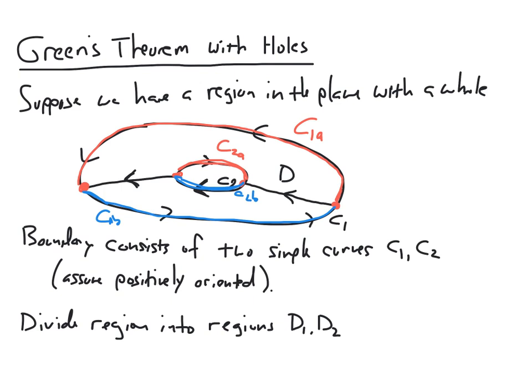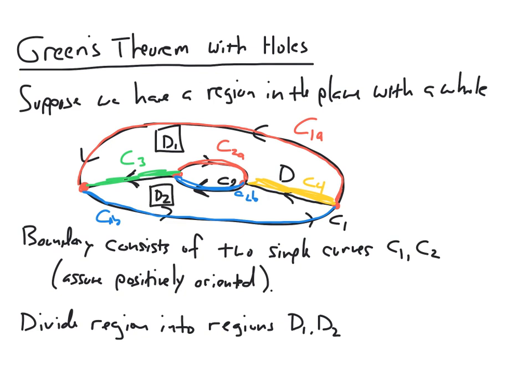Then I also need to label these segments that I added. The one over here on the left side, I'm just going to call C3, and the one on the right, I'm just going to call C4. And the last labeling I want to do here is, like I said, I wanted to break this up into two regions, D1 and D2, and I've done that. I can talk about region D1 on the top and region D2 on the bottom.